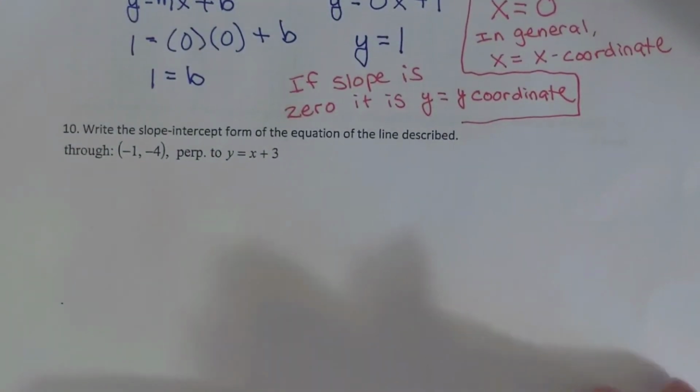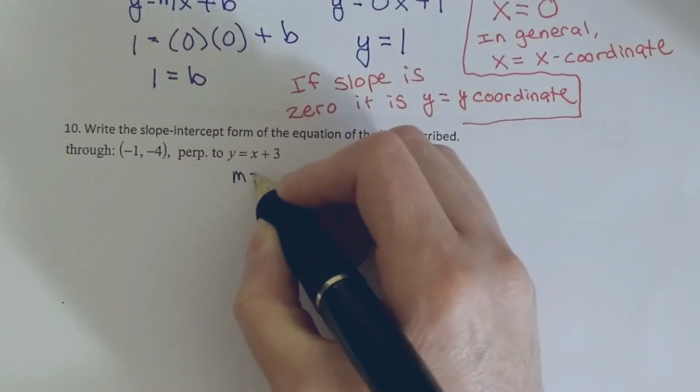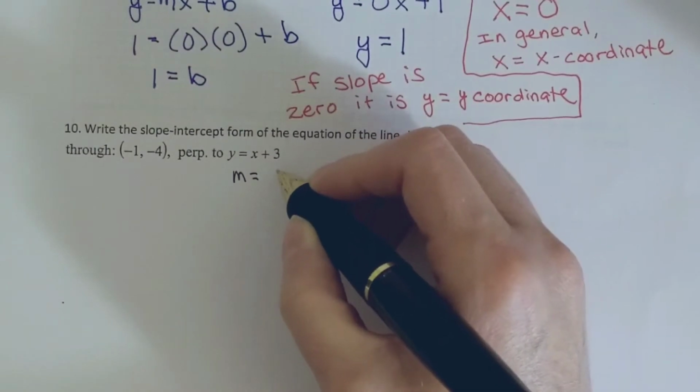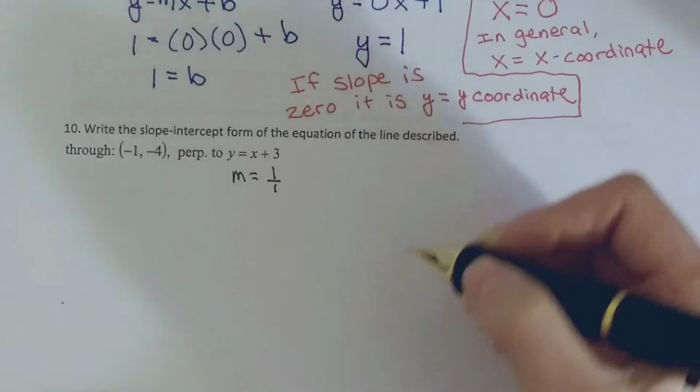Okay, question number 10. Write the slope-intercept form of the equation of the line described: through (-1, -4), perpendicular to y equals x plus 3. Okay, so I like to start with listing out my slope. So my slope is 1, and I'm just going to go ahead and put that over 1.